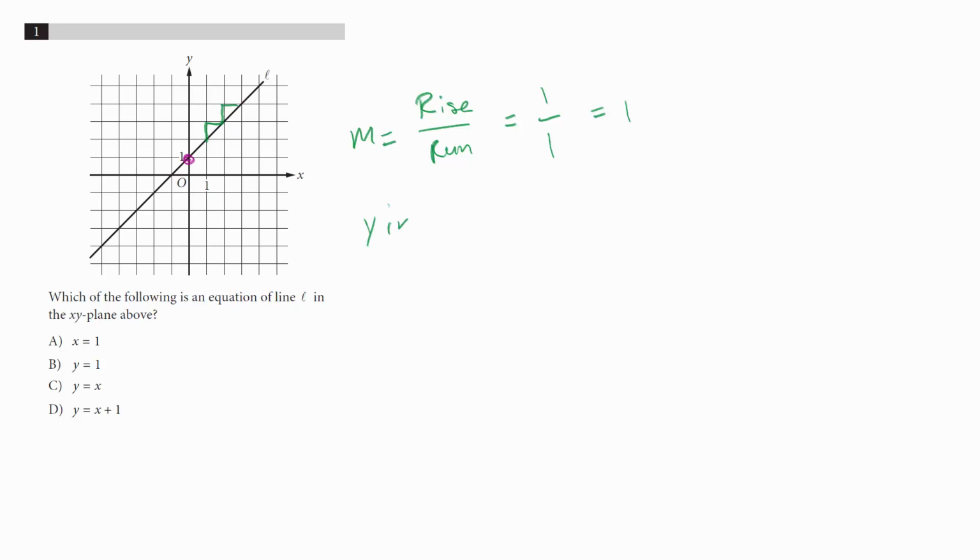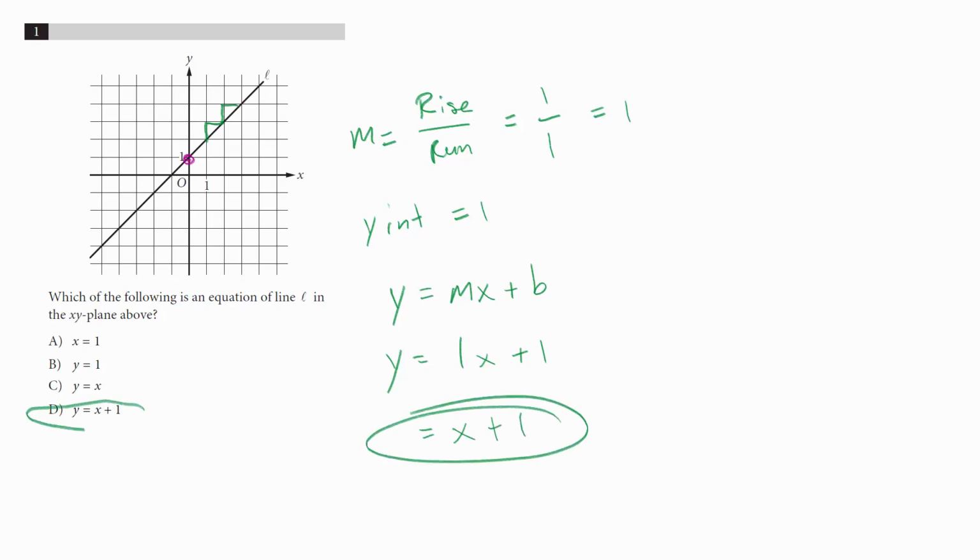The y-intercept is equal to 1, so if we use y equals mx plus b, we can determine that y equals 1x plus 1, which simplifies to x plus 1, which is option D.